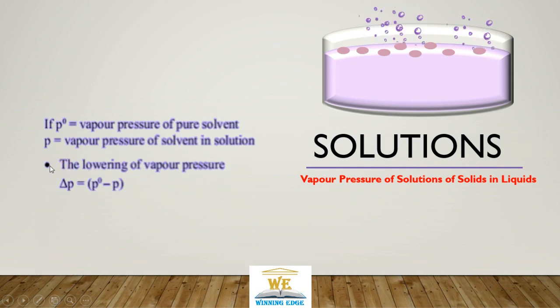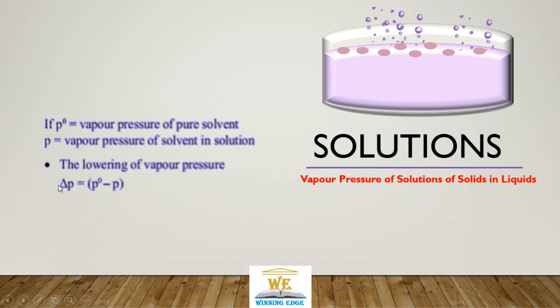Now we want to study the lowering of vapor pressure. We know in case of a non-volatile solute which is solid, there will be a suppression in vapor pressure because of the presence of these solutes.